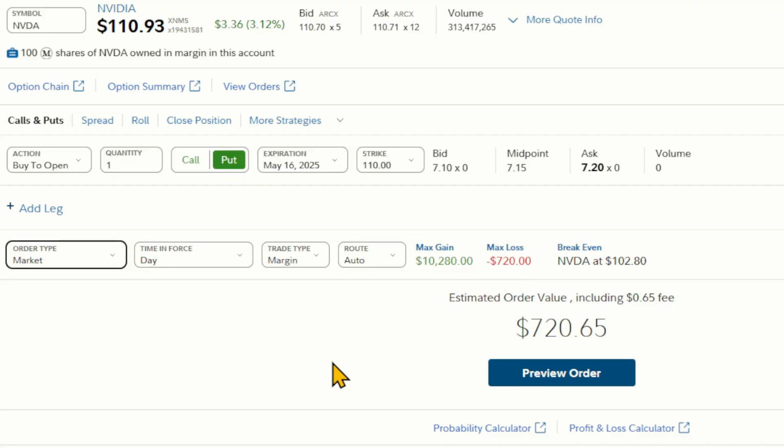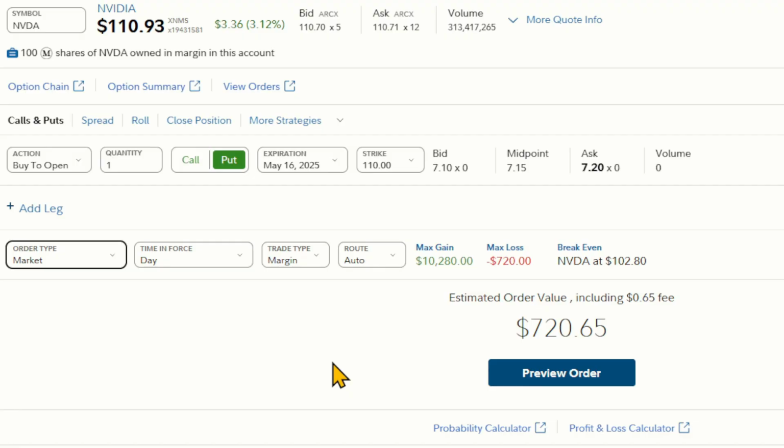However, if you choose option 2 and you just wait it out, when the market closes that day, the next day, the assignment process will occur. Okay, so in that case, you will lose your 100 shares of NVIDIA stock that you had insured, right? And you will put those shares to somebody else at that 110 strike price.